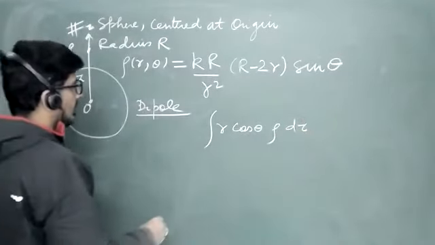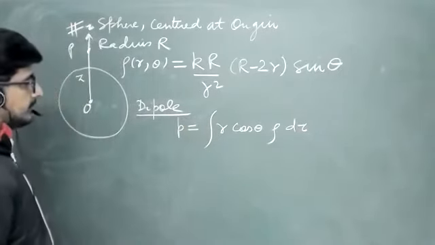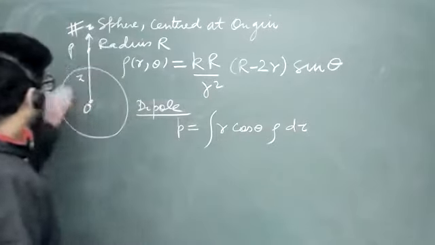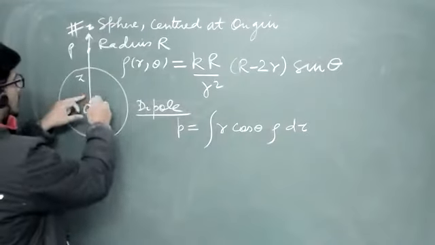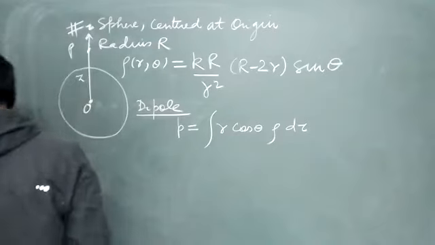This is what we have to calculate as the dipole moment. Now in this case, I can drop r dash because this is your well-known system. This is your theta, that is your phi, everything you know. So let us do this.